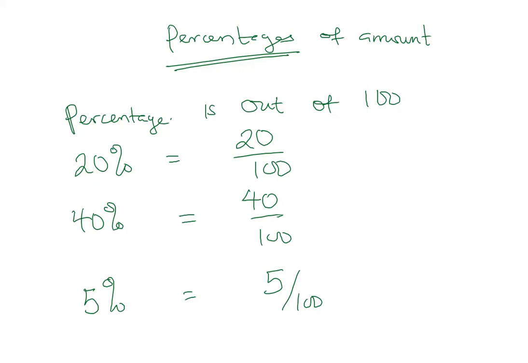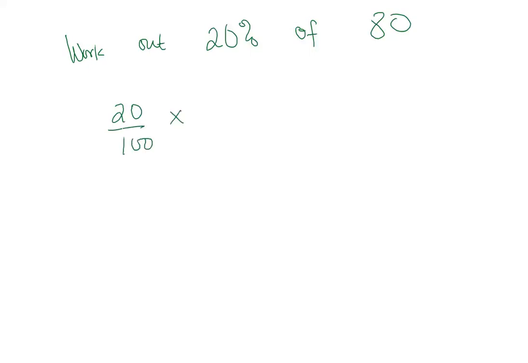So if you have something like this, work out 20% of 80. What is 20% of 80? This is what you do. You do 20 out of 100 times 80, so 80 pounds. 20 out of 100 times 80.